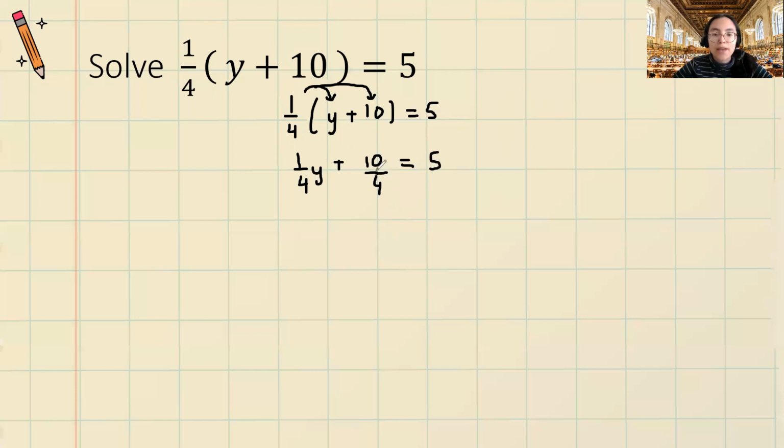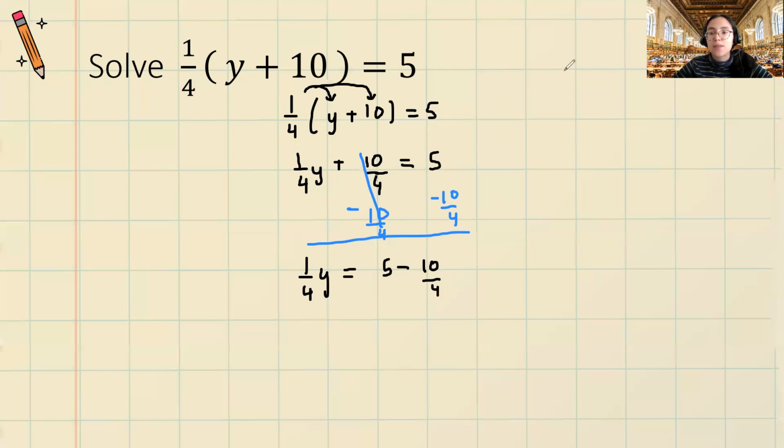Now we would have to subtract this 10 over 4 from both sides, and then this would cancel. Then I would be left with 1/4 y is equal to 5 minus 10 over 4.